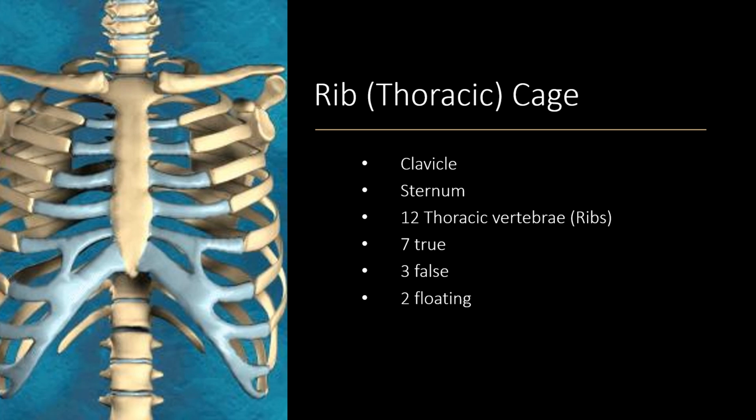So some stars and models have these ribs removed for cosmetic purposes. So repeat after me. We have the clavicle, manubrium, sternum, thoracic vertebrae or ribs, and they're divided into true, false or floating.